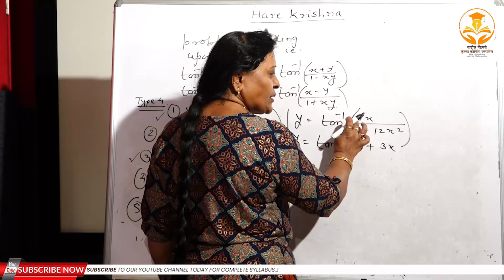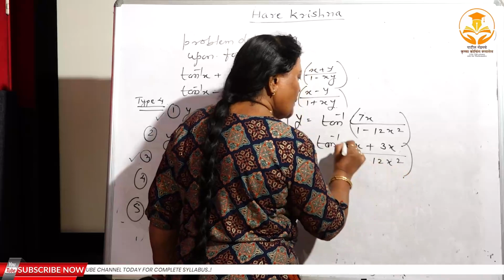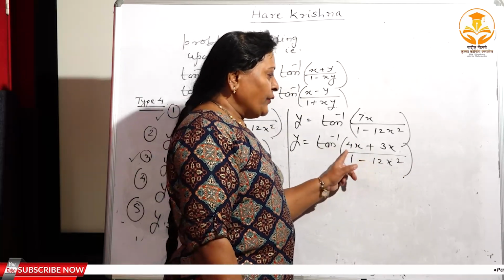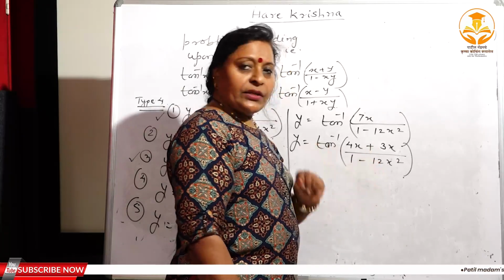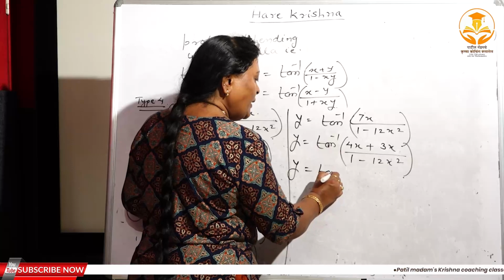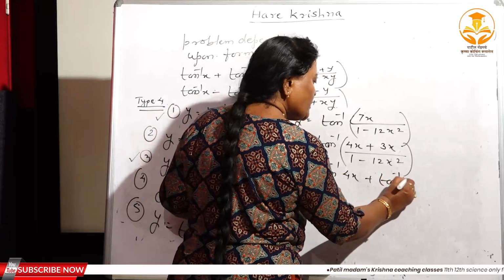So 4x plus 3x is equal to 7x, and here 1 minus 12x square. One is strictly there. The added terms, their multiplication is here. Therefore the simplified form is tan inverse of 4x plus tan inverse of 3x.